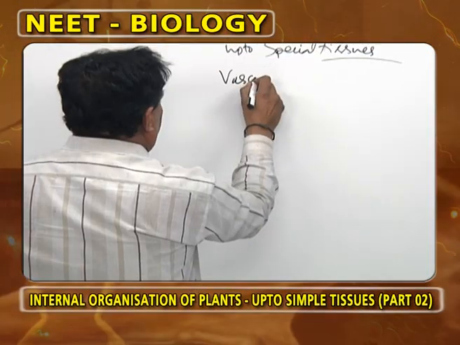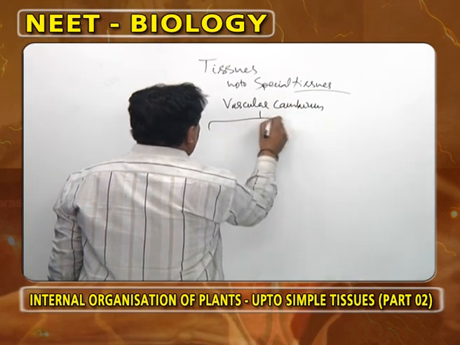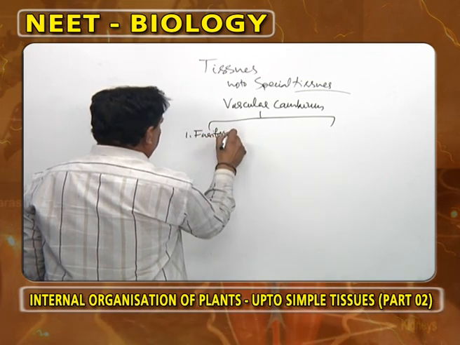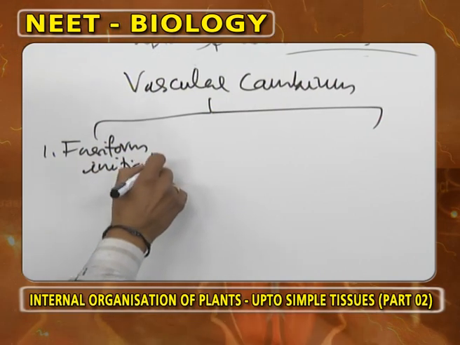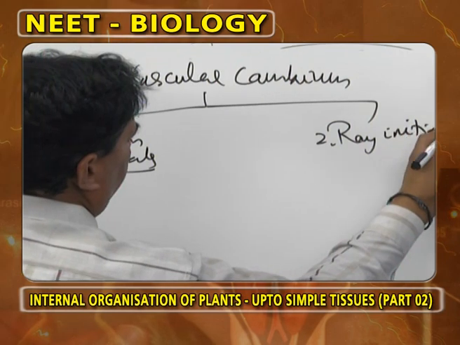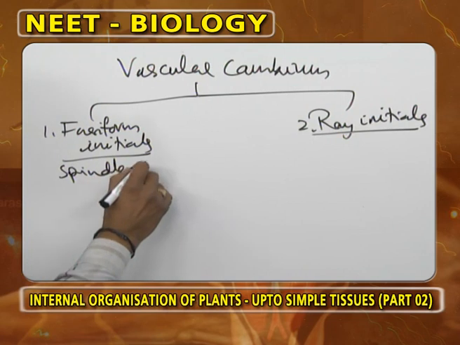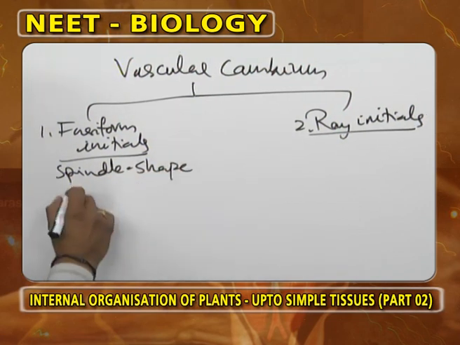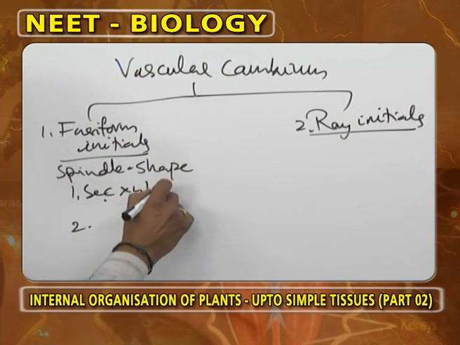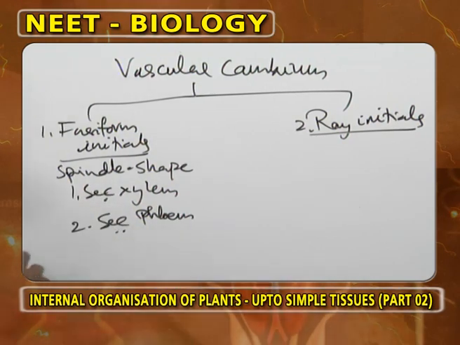Because the vascular cambium contains two types of cells: fusiform initials and ray initials. Fusiform initials are spindle-shaped cells, loosely arranged, and they divide and redivide to produce secondary xylem and secondary phloem.